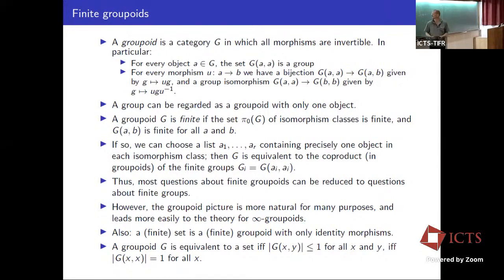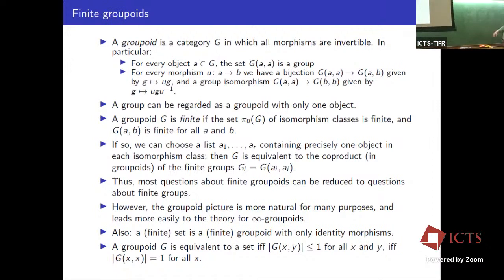We say a groupoid is contractible. If you've got a non-empty groupoid and all morphism sets have size 1, then it's pretty easy to see that the unique functor from G to the terminal category is an equivalence of categories.